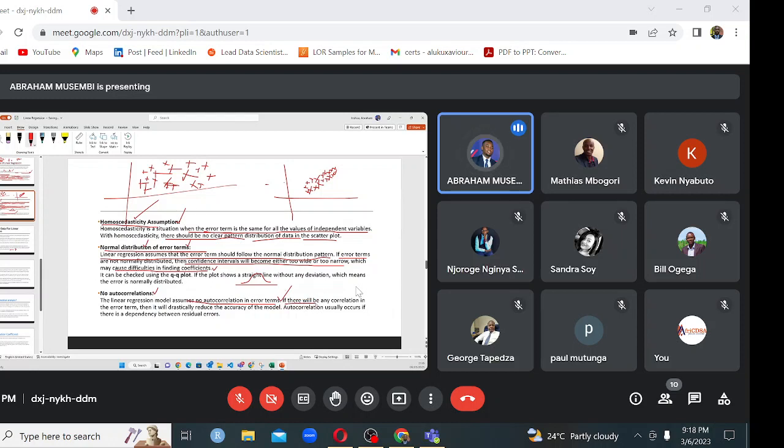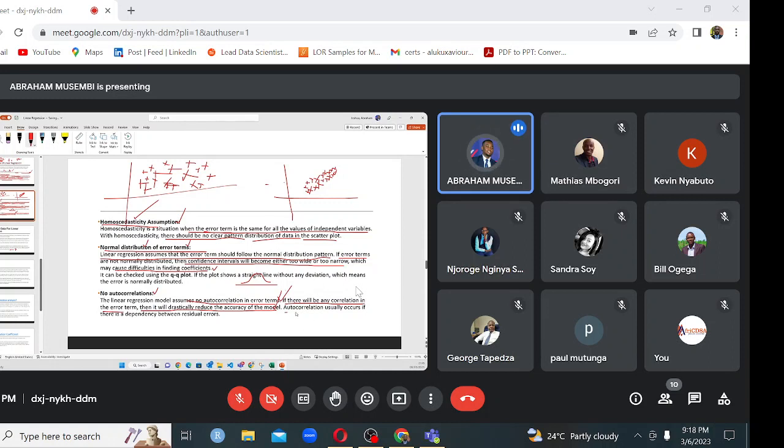If there is any correlation in the error term, then it will drastically reduce the accuracy of the model. So our error terms should not be correlated in any way. Otherwise, it will bring dependency between the residual errors, and this will reduce the accuracy of the model.